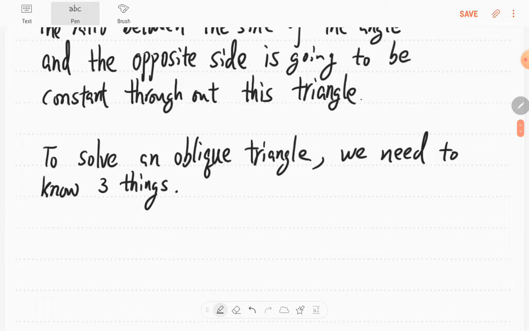For example, the first one: if we know two angles and one side, we denote it AAS. Here A represents angle. AAS means this side is not between the two angles.